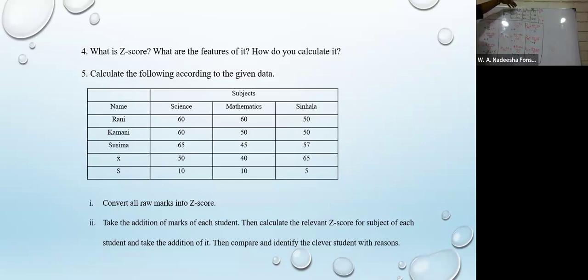But when we consider the Z marks, we separately consider the mean values and standard deviation values for separate subjects. There we consider their places according to the subject performances. So finding the Z value is the best way.